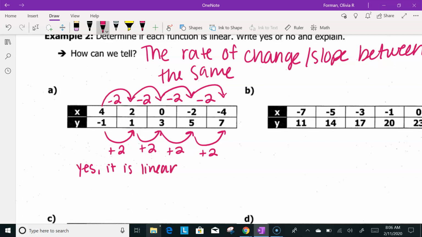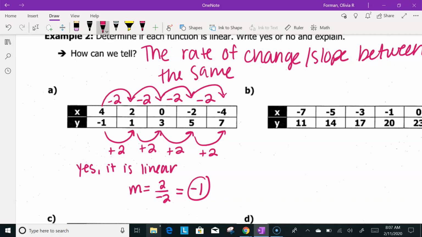And instead of explaining a lot, we're just going to put our slope is going to be 2 over negative 2, which if you simplify that, 2 divided by negative 2 gets you a slope of negative 1. So the change was the same between any 2 points here. And so we can say that it is linear.